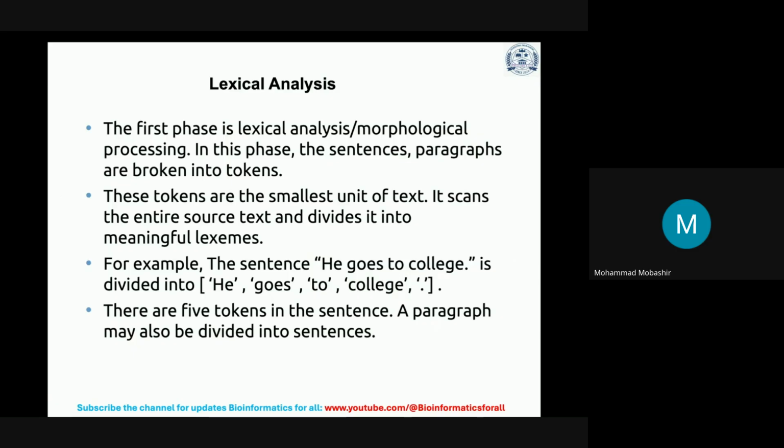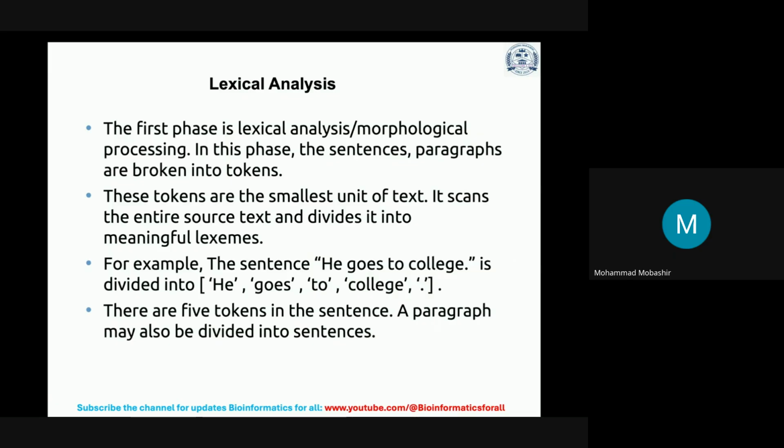In this phase, the sentences and paragraphs are broken into tokens or separate parts. These tokens are the smallest unit of the text. It scans the entire source text and divides it into meaningful lexemes.